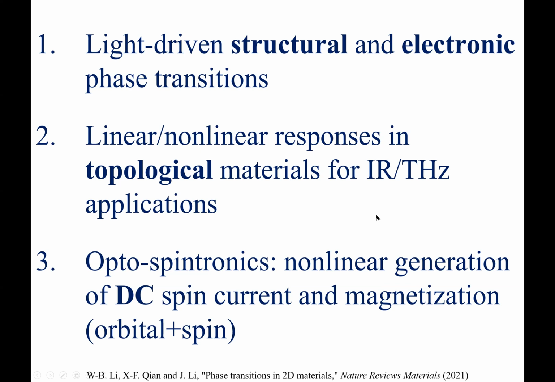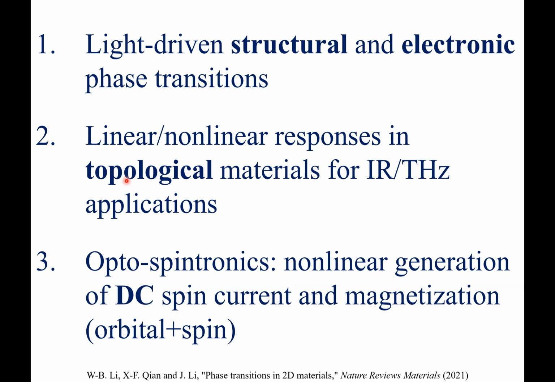So to summarize, I've talked about in the first part, a photon-driven structural phase transition driven by the dielectric constant contrast, as well as in the Floquet time crystal theory, we can use it to drive a quantum electronic phase transition to the quantum anomalous Hall effect on the surfaces of bismuth telluride.